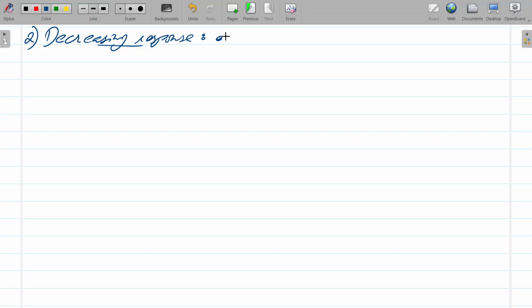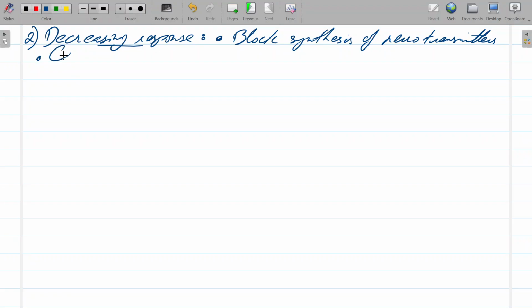And how they work is that they block the synthesis of neurotransmitters. In fact, let me write this out. They cause the neurotransmitters to leak from the vesicles and be destroyed by enzymes within the fiber.